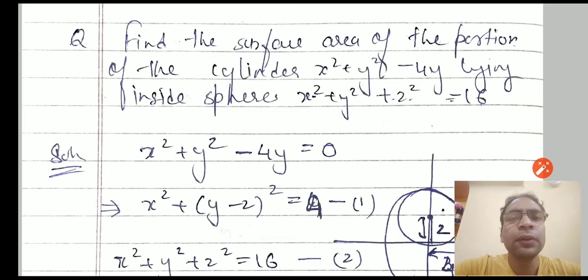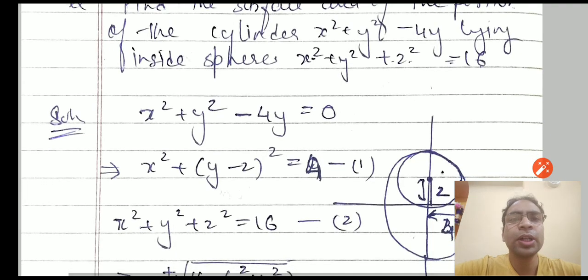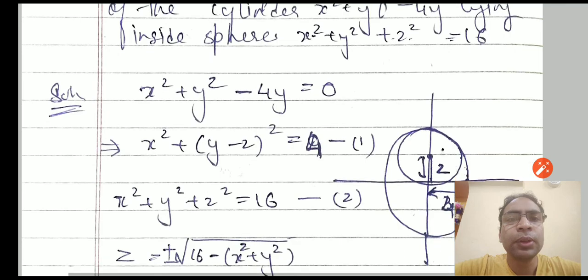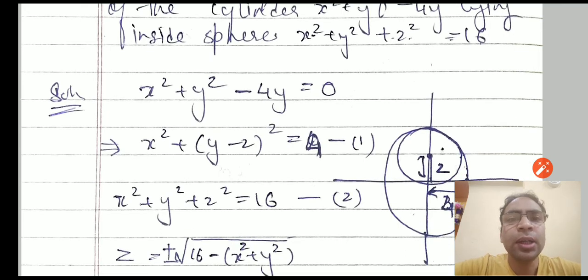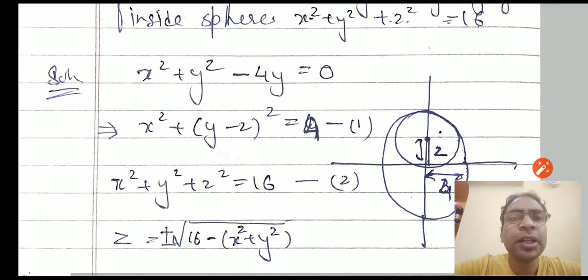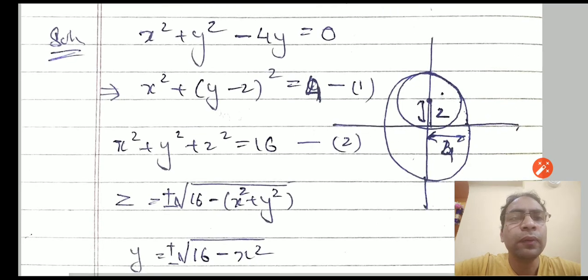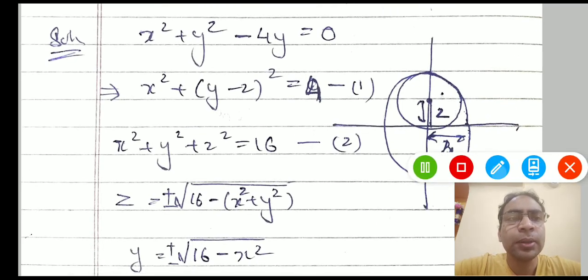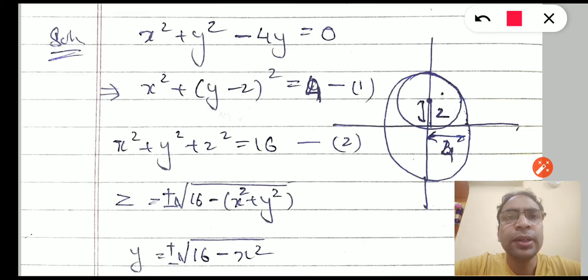So the equation of the cylinder is given as x square plus y square minus 4y is equal to 0, which after solving gives x square plus (y minus 2) whole square is equal to 4. So that means the figure of the cylinder can be created like this.